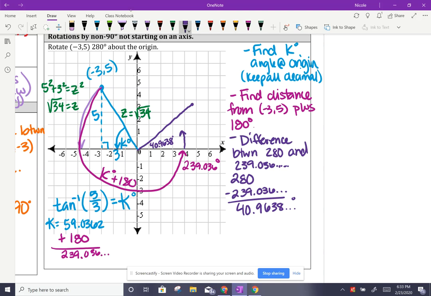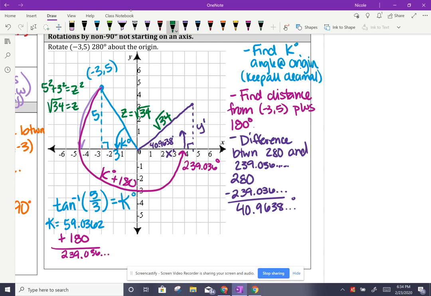And I can sketch down to the axis, create my right angle, and I have my y and x prime that I need to find now. So I still know the radius, or the hypotenuse, is going to be the same. So it's still root 34, because remember, you're treating this like you're rotating around a circle. So you have a radius or a hypotenuse if you make a right triangle.